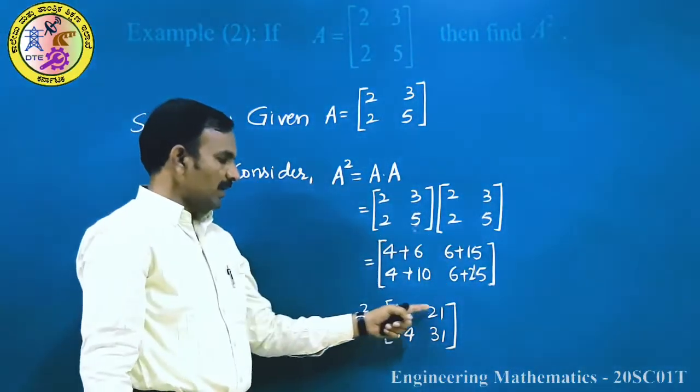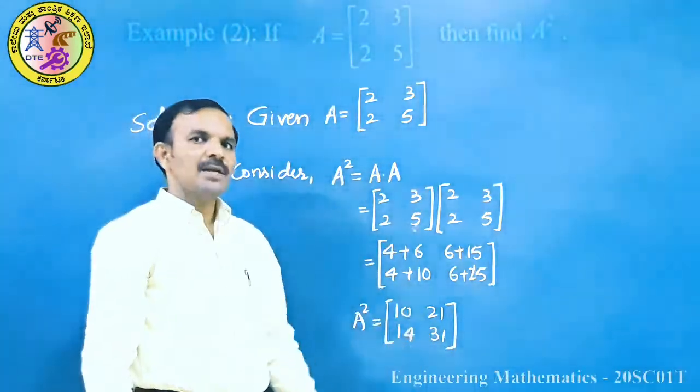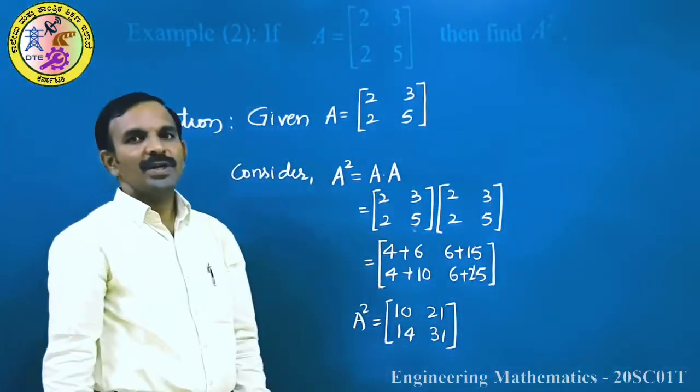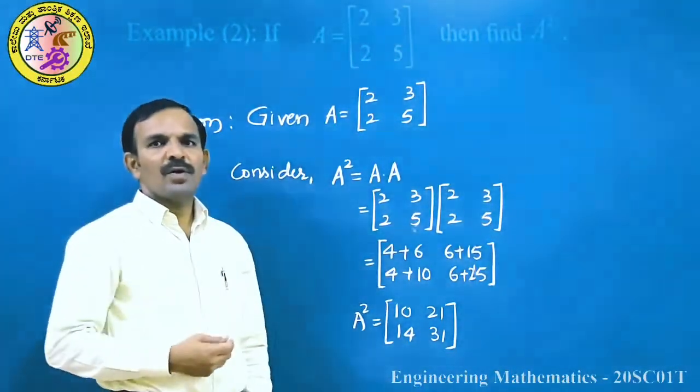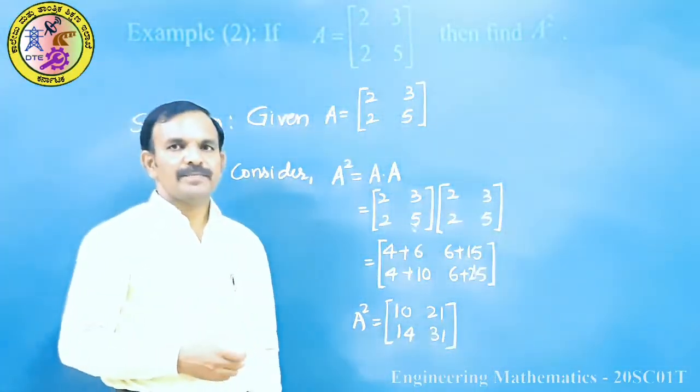The answer is [10 21; 14 31]. It is the value of A square. You can note it down. Next we are moving to example 3.